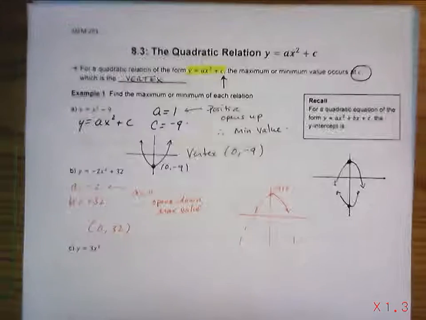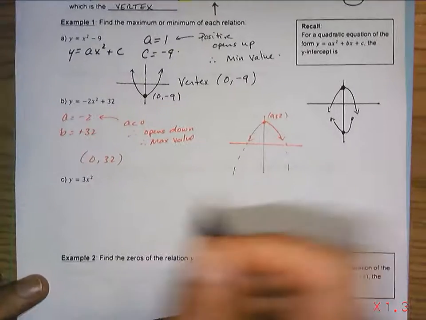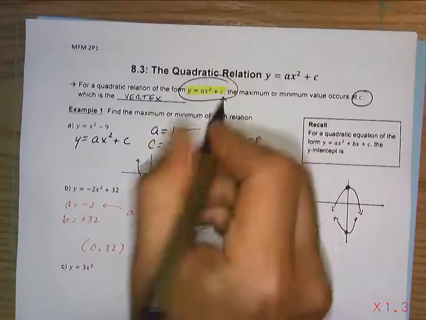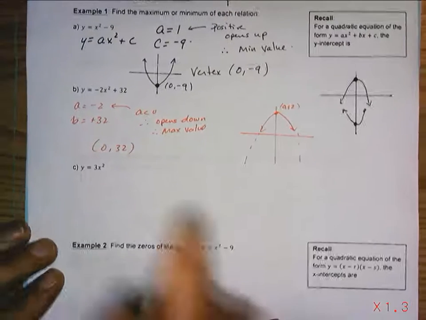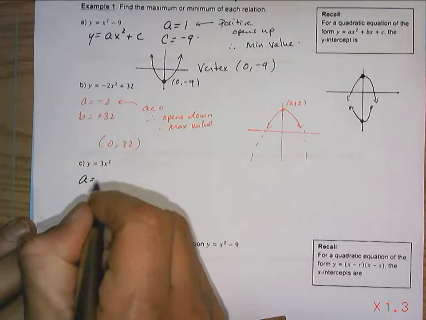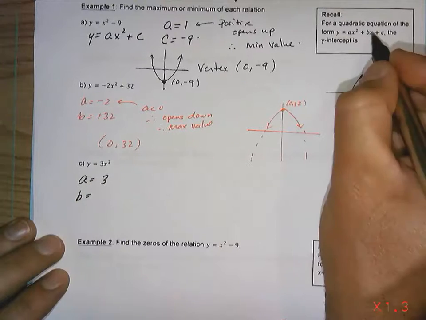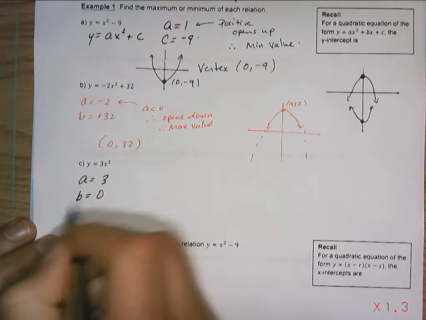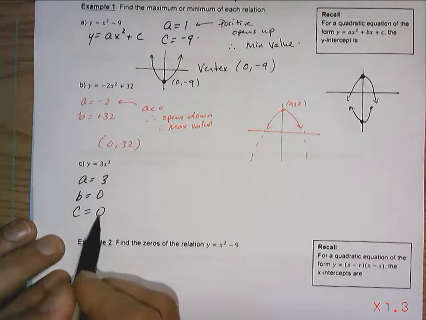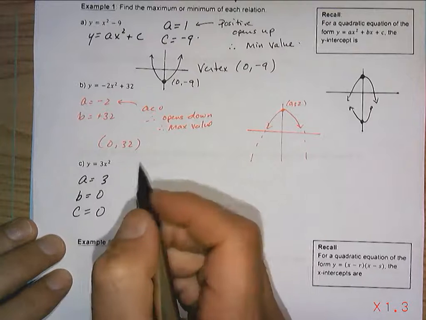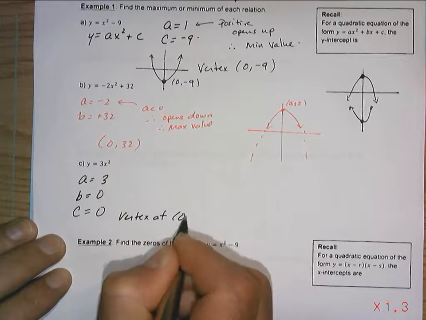Now again, this is new and I'm teaching you something, so you just have to learn that when you have something in this form, y equals ax squared plus c, we can get this information from it. Looking at this one, the a value is 3, and there is no b value, right? Because there's no x term. But in this case, c is also 0. So with c being 0, it's going to have a vertex at (0, 0).